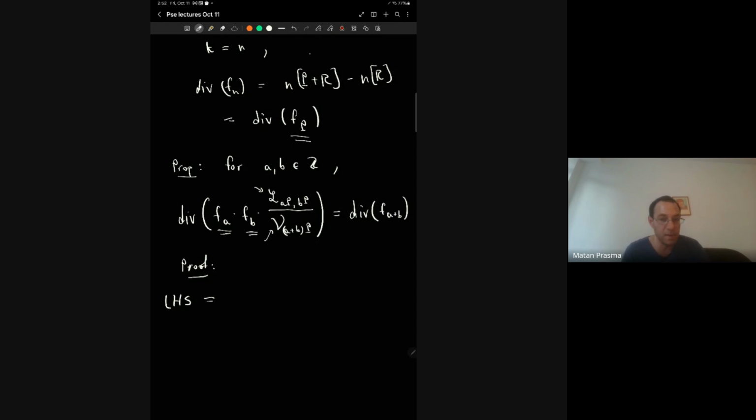So I can calculate. This is A P plus R minus AR. This is the divisor of FA. Then I add B P plus R minus BR. This is FB.